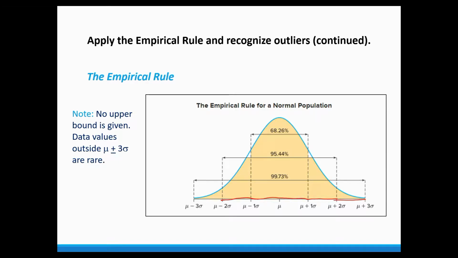And the third interval, the largest one, from mu minus 3 sigma to mu plus 3 sigma, will contain about 99.7 or 100% of the observations under the curve. I think it does make sense if we think about all the observations.